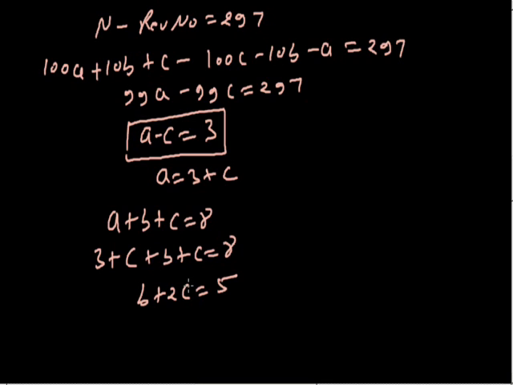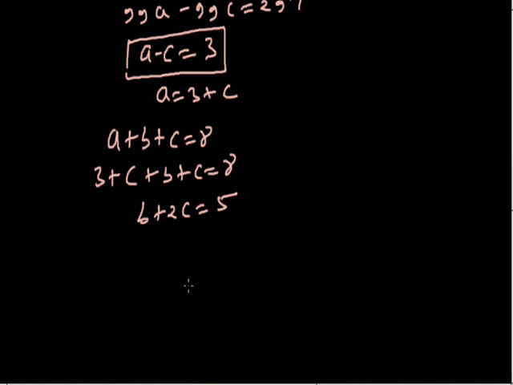Now we put different values of C and try to find the value of B. Let's say the value of C is equal to 0, then B plus 2C gives B equals 5, and A becomes 3. Now we put C equal to 1.